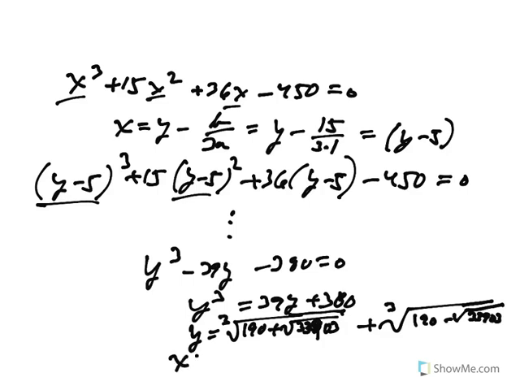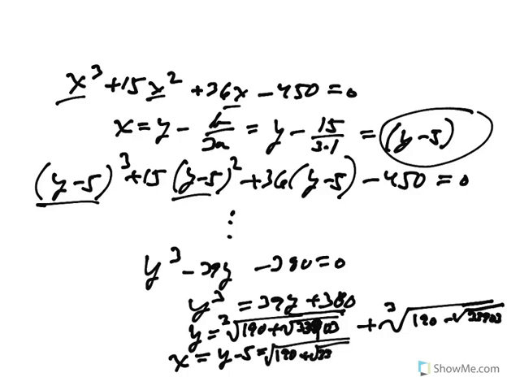And for x, according to this, x was replaced with y minus 5. So the answer is just going to be this ugly thing with a minus 5 at the end. And that's going to be approximately 4.0098.